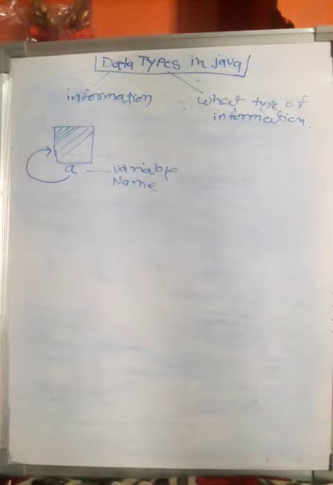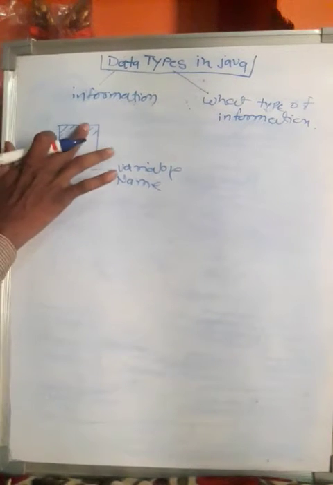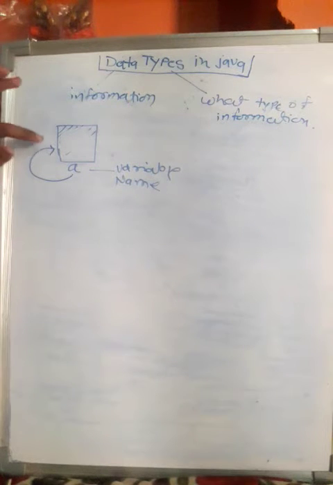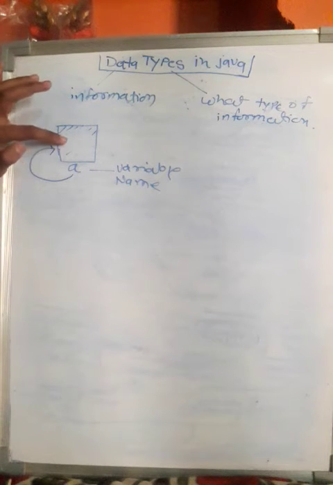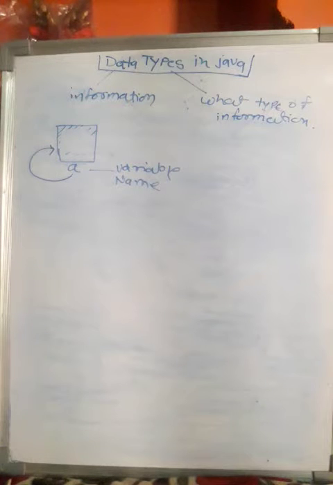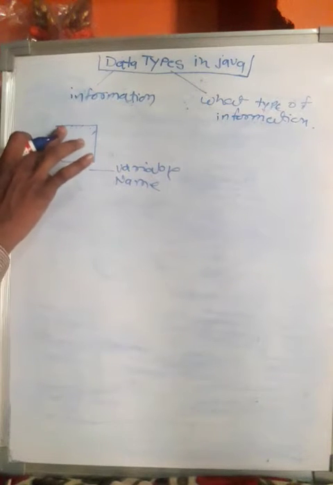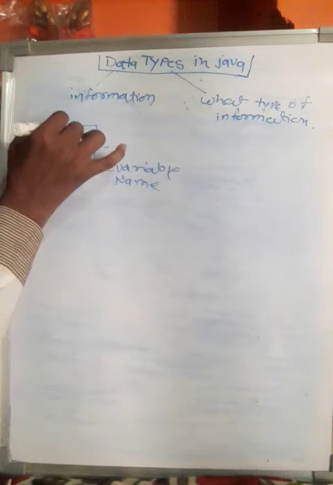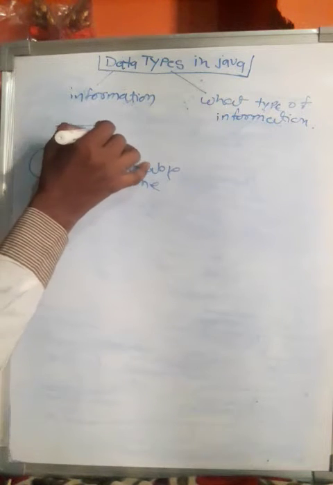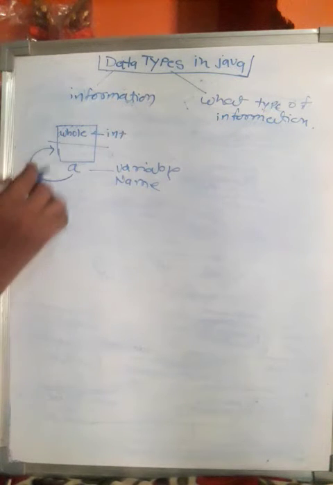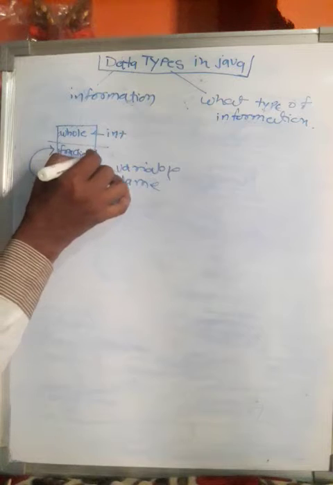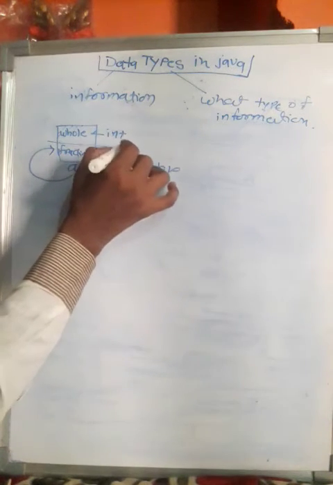Now we must tell the compiler what type of data we want to store in this space. For example, a whole number, that is integer type, or a fractional number, that is float.